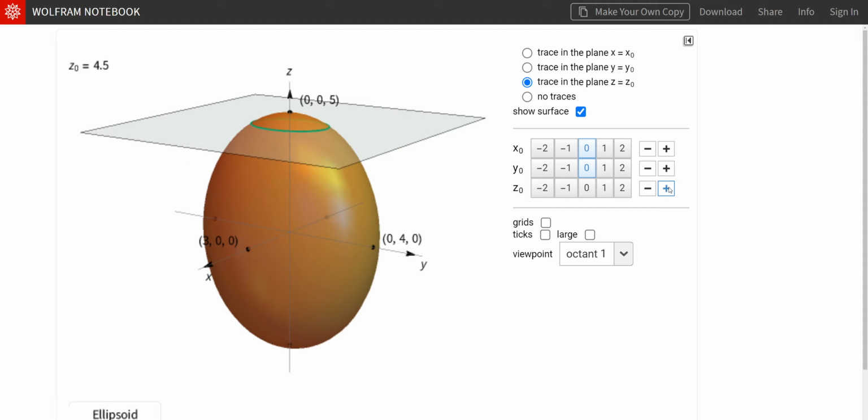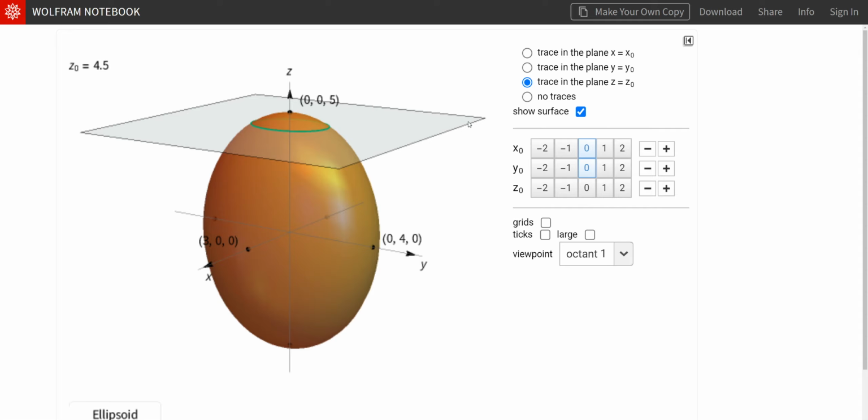Let's just see how that looks. Keep going. Now z is equal to 4.5. Let's see, can I go any further? Will it let me? No, but okay. If you can imagine, z equal to 5 would just be this point right there. So you can get points out of this. A point is a degenerate curve. Or you could get nothing out. If I take z equal to 7, it won't intersect the surface at all.